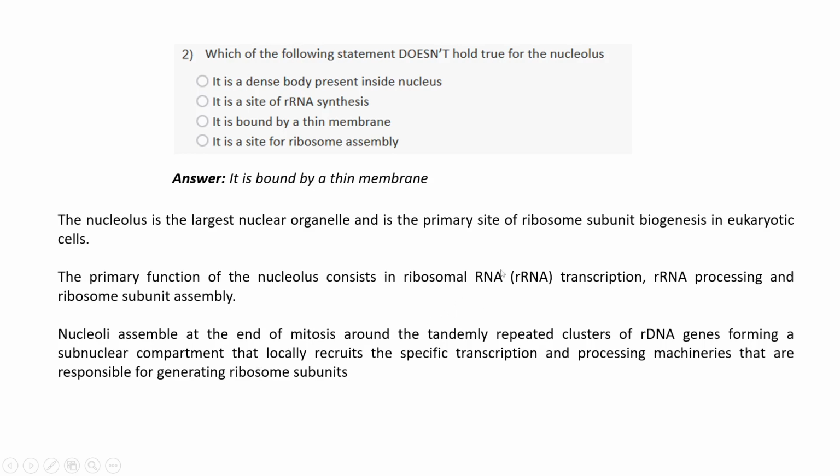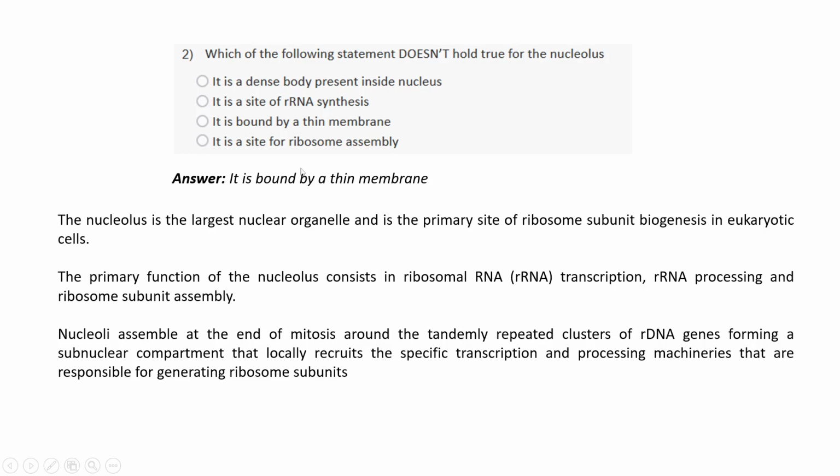The complete processed ribosomal RNA is formed, and after that the ribosome assembly also occurs in the nucleoli. Then the nucleoli help in the translation process, during protein synthesis.